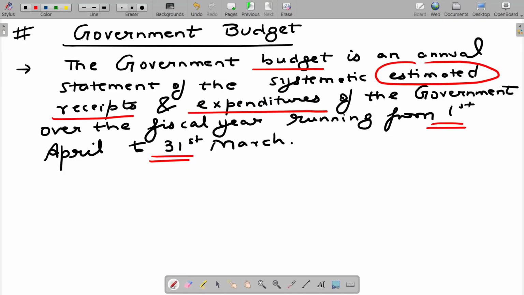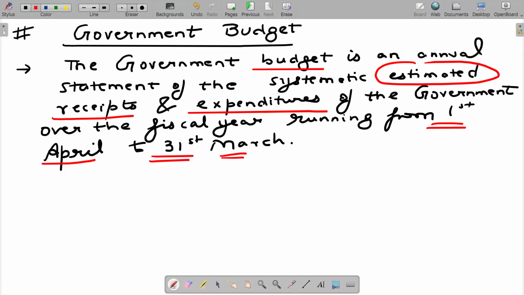Should the government spend more on health or infrastructure or education, or should the government spend more on defense? So when we talk about the budget of the government, it is going to tell us what are the estimated receipts and what are the estimated expenditures of the government over the financial year running from 1st April to 31st March.